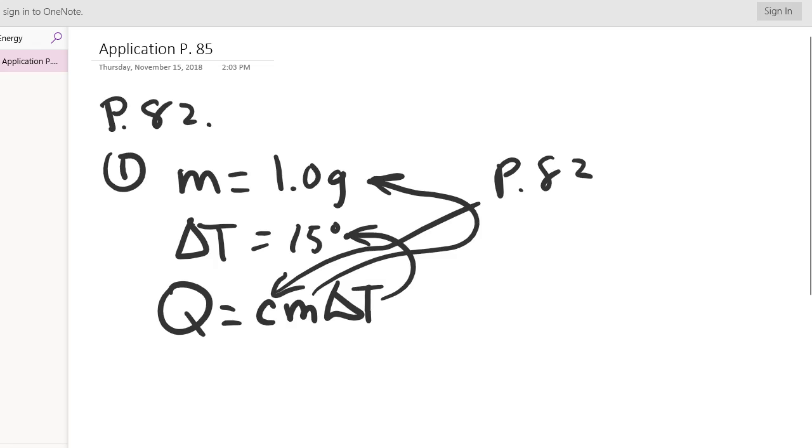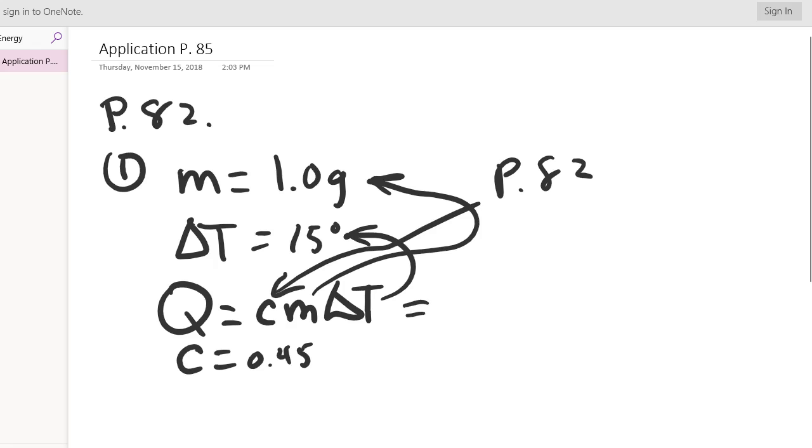So if you go to page 82, and you look up, this is iron that they asked us to look up for, and iron has a specific heat factor of 0.45. So C equals 0.45. So the only thing we need to do is put all these things in the equation.